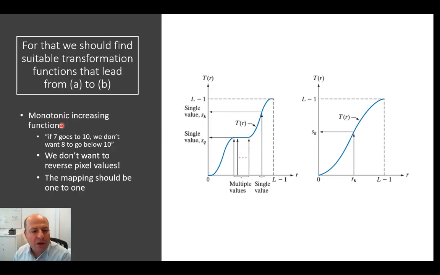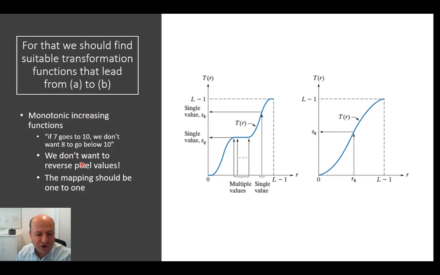It has to be monotonically increasing, meaning that if a value in the original image is mapped into a value 7 in the output image, we don't want a greater value, such as 8, to go below the value of 7. This is what monotonically increasing means.